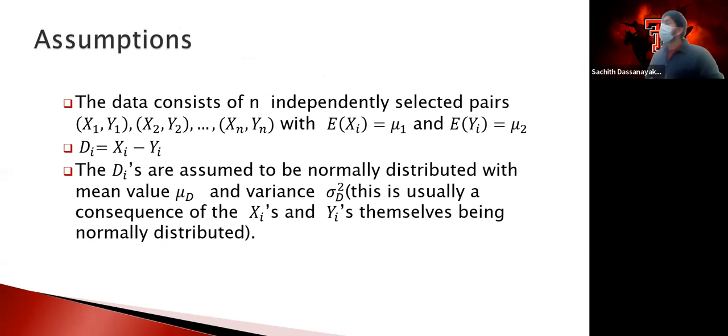Assumptions are very similar to the assumptions we made in this chapter. This data consists of n independent pairs. I mean there are n number of samples, and each sample has two values. Last time we had two populations and two samples.